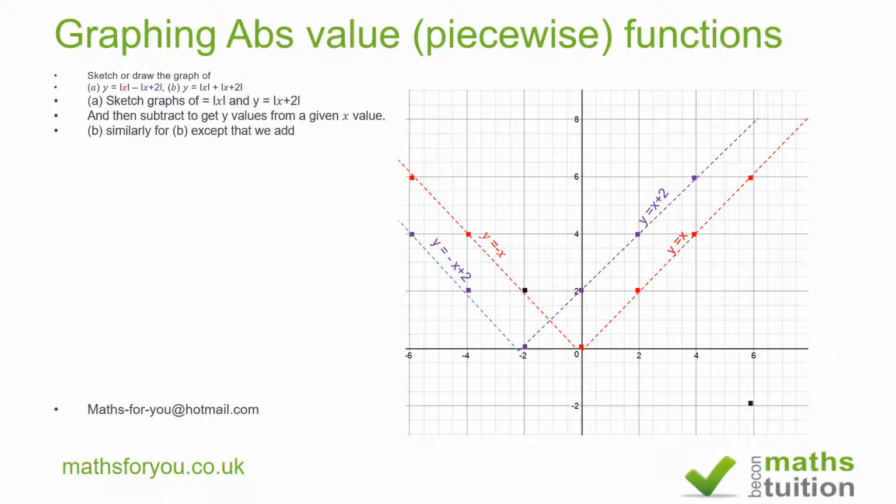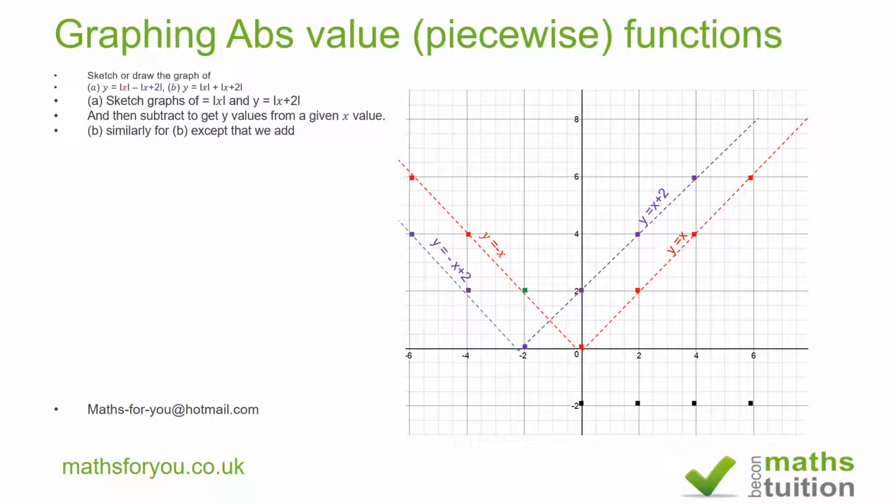Similarly, when x is 4, same thing again, I'm going to get 4 minus 6, which is negative 2. Same thing again when x is 2 and when x is 0, because 0 minus 2 will give me negative 2.